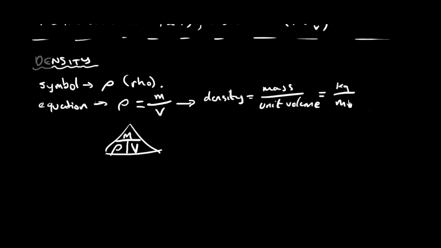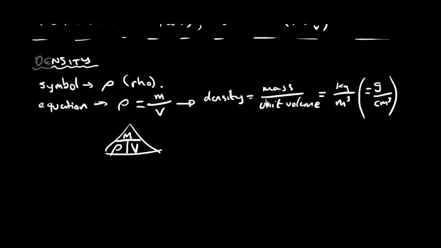For unit volume it's meters cubed. But sometimes the questions give you smaller quantities of substances, so they give you stuff in grams per centimeter cubed. So you can leave your answers in either one of those two, but I recommend if the question gives it to you in kilograms, you do it in kilograms per meter cubed. And if the question gives you the stuff in grams, you do it in grams per centimeter cubed, unless they specifically ask you to do otherwise.